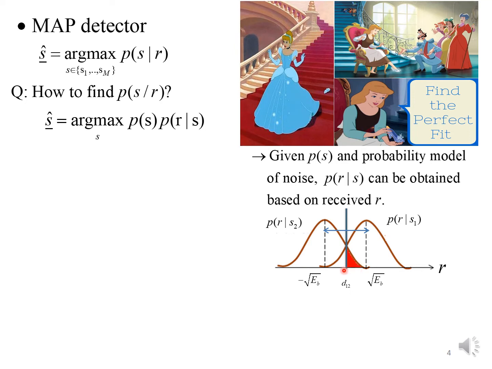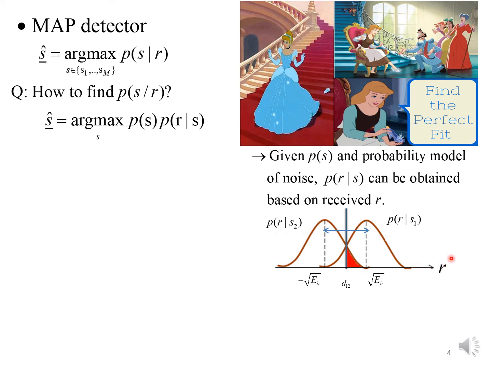However, if R is small, on the left-hand side, the probability of S1 sent is this and the probability of S2 sent is this. If R is negative, then the probability of S2 sent would be higher than S1.